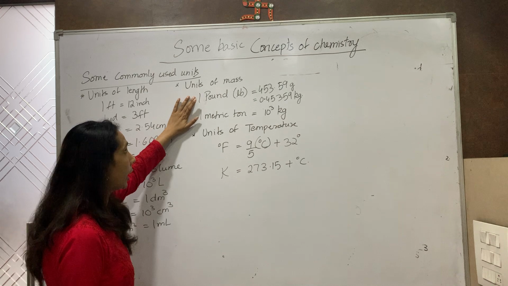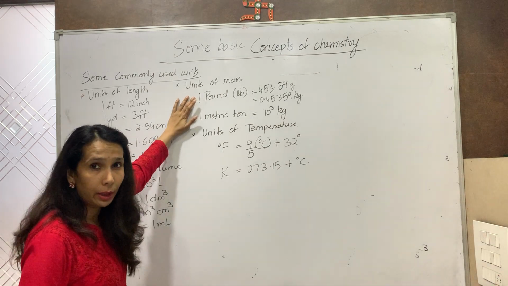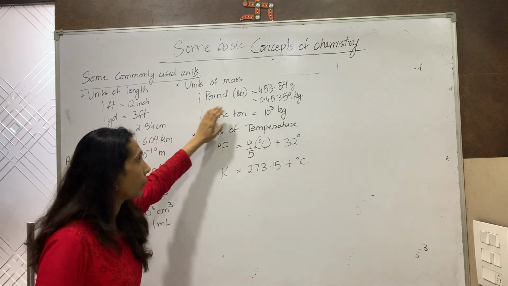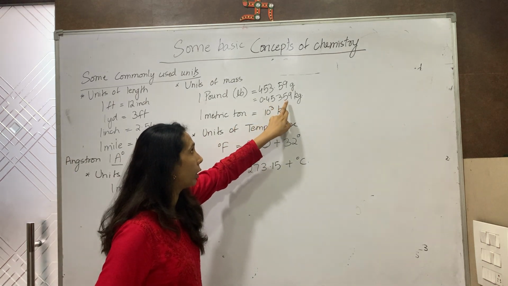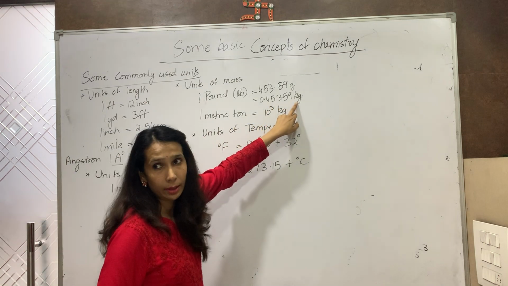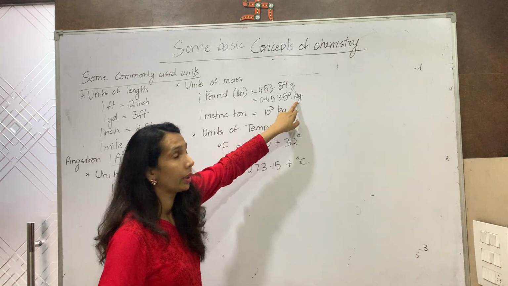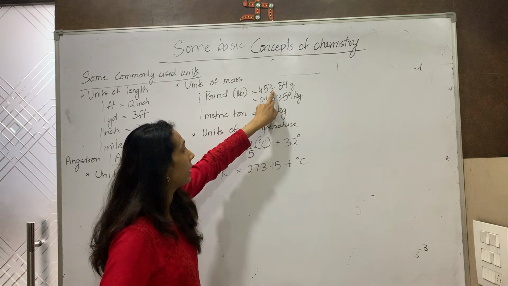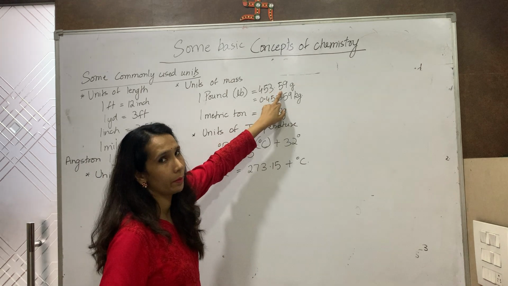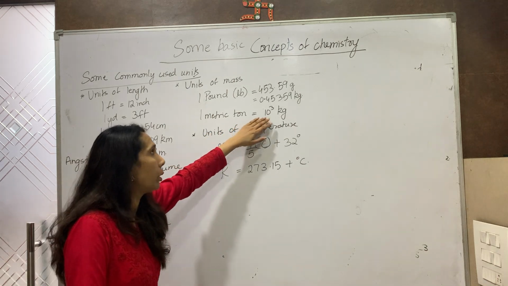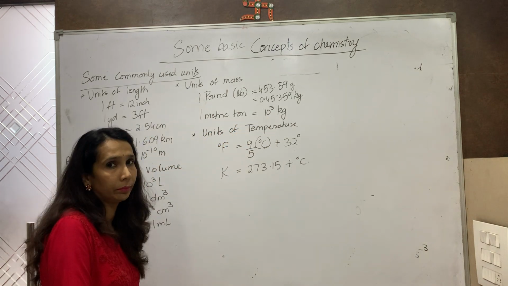Units of mass, I told you 1 pound. Generally when we measure the amount of cake, we measure it in pounds. And 1 pound is equal to 0.45359 kilograms. That means 1 pound is less than half a kg. It is equal to 453.59 grams. 1 metric ton is equal to 10 to the power 3 kg.